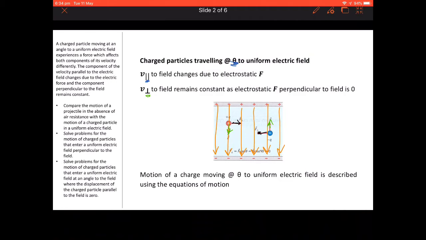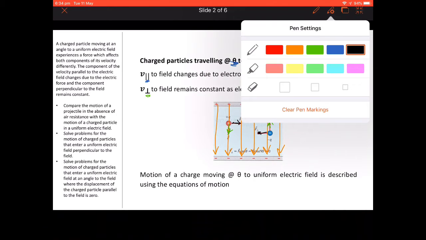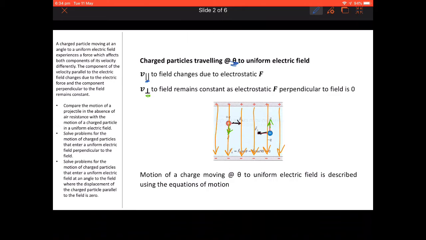This is similar to our projectile motion if we think about a projectile that's launched off the side of a building. The force due to gravity is downwards at every stage, but there's no force acting horizontally, so the horizontal force is 0.